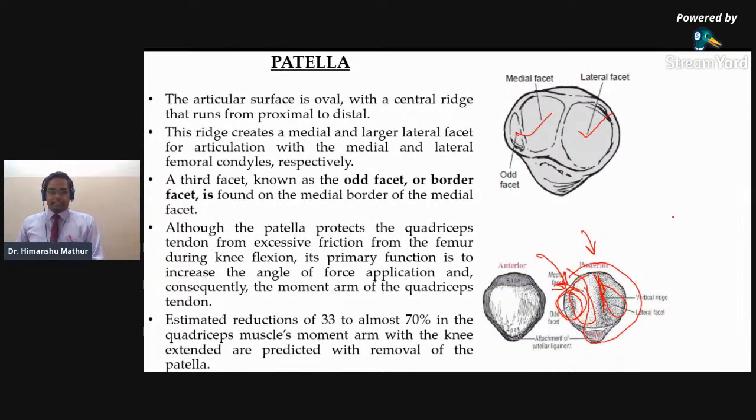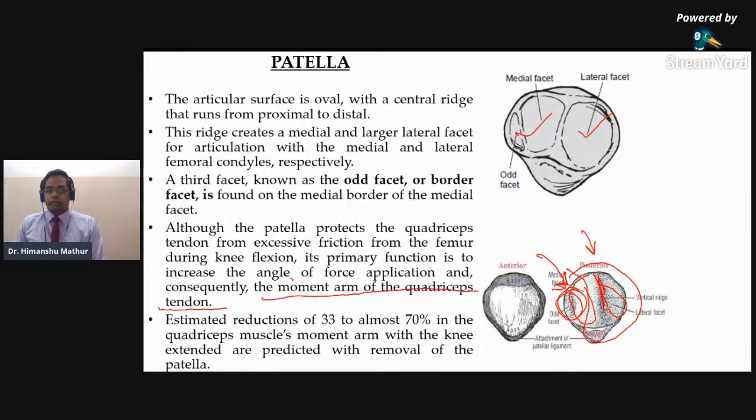Now, although the patella protects the quadriceps tendon from excessive friction from the femur during knee flexion, its primary function is to increase the angle of force application and consequently the momentum of the quadriceps tendon. If you can read it easily, I have written this.